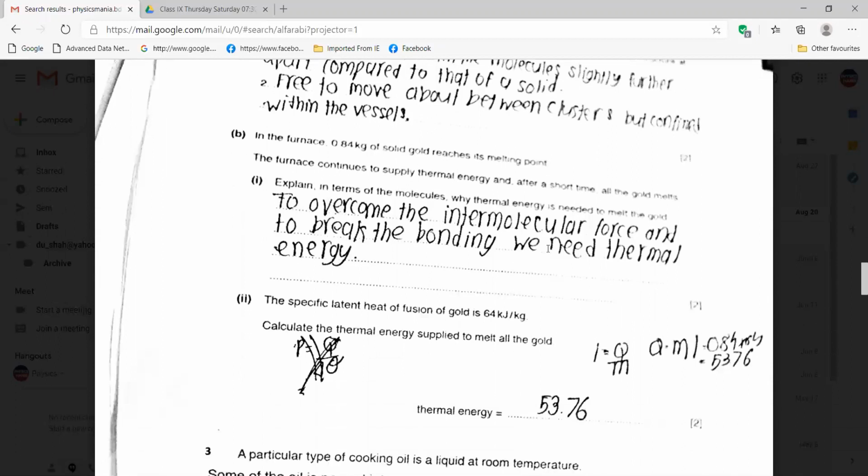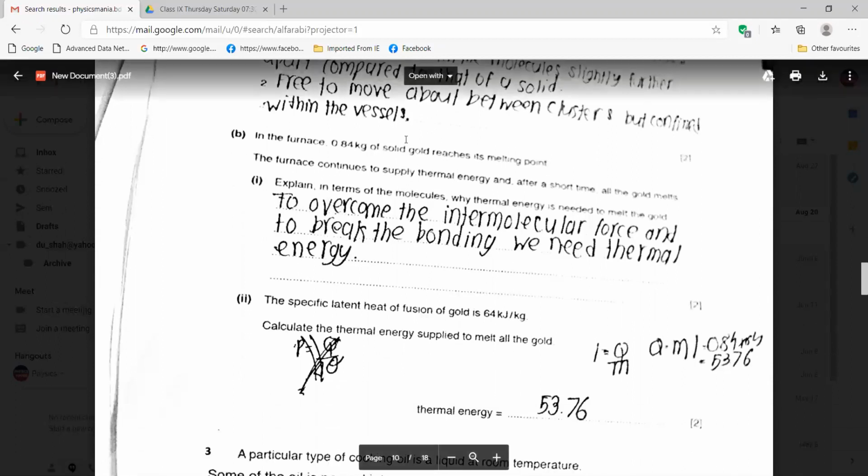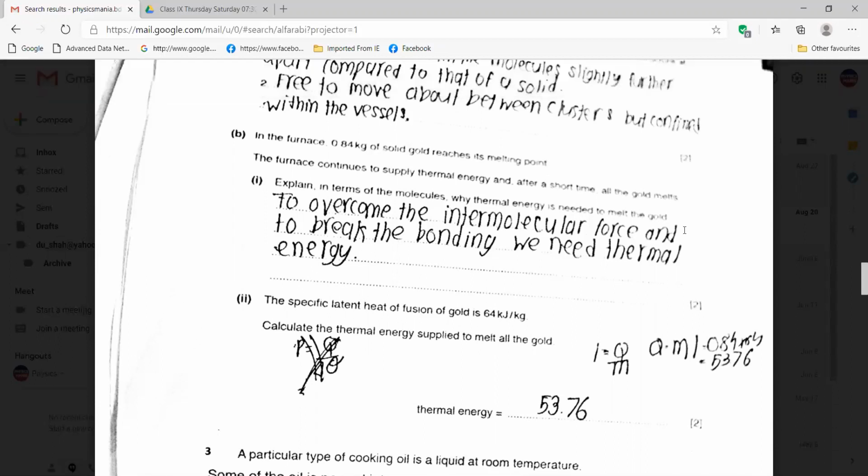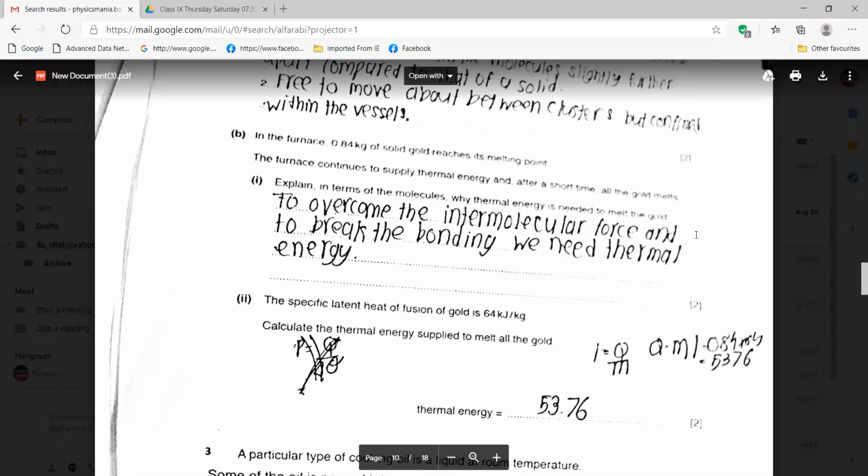This one is very important. Look, explain in terms of particles why thermal energy is needed to melt the gold. So to melt the gold means you are going from solid to liquid. In liquid, the particles are going far away, right?